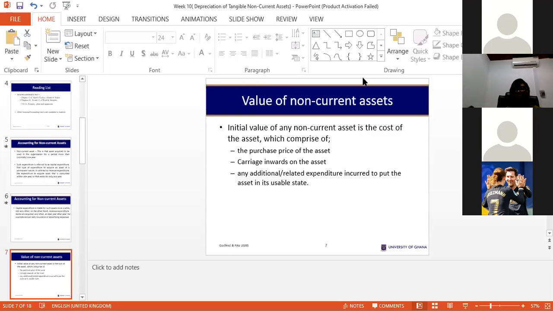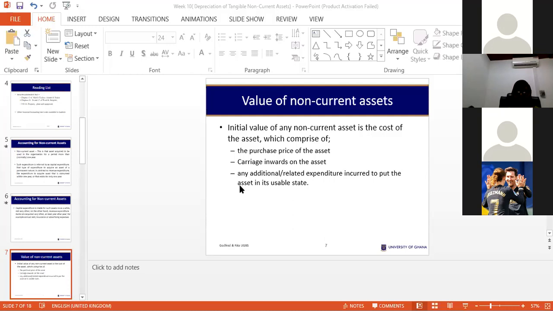Sometimes the cost that we have to incur to move the equipment from one end to the other, referred to as carriage inward, also counts. So the amount we spend to move that tangible non-current asset to its place of location would also be part of the cost of the asset.